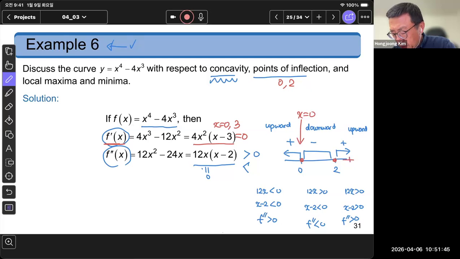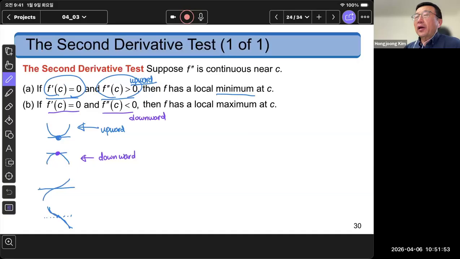3 is here. Okay. So 3 is simple. What does this test say? If f prime is 0 and f double prime is positive, then you get a local minimum, right?